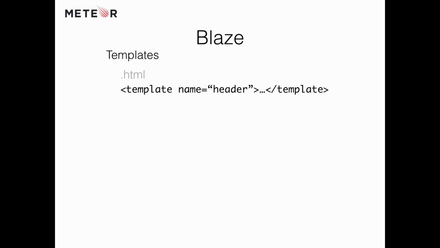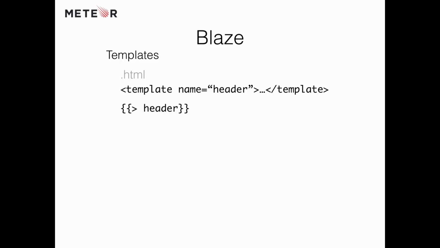And then inside of there, you just write standard HTML. And then to include your template inside of your code somewhere, you use the curly braces syntax. So double curly braces, greater than symbol, and then the name of your template, and that'll include your template wherever you put that. And we'll see that in code shortly.